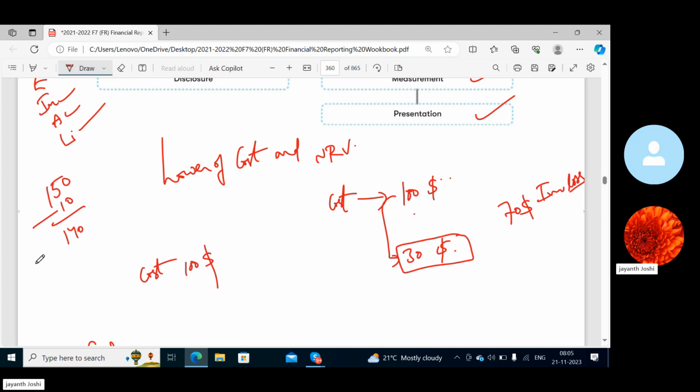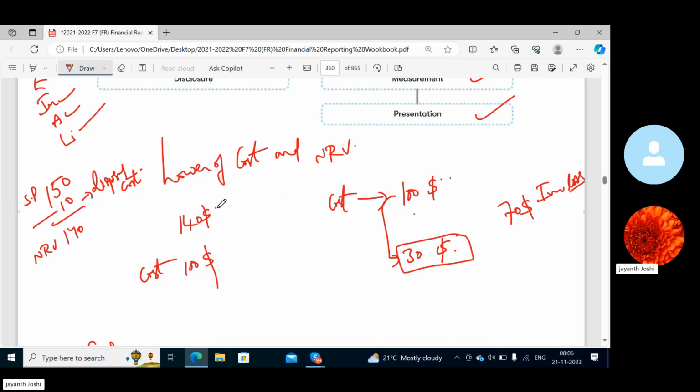So 140 is the NRV, right? Selling price minus disposal cost. So it can be sold at $140 now. Now you tell me what price you'll be showing in the books. I know it can be sold at 140, but still it is not sold. Something which is not sold till now, will you show the selling price of that in the books? No. Of course.